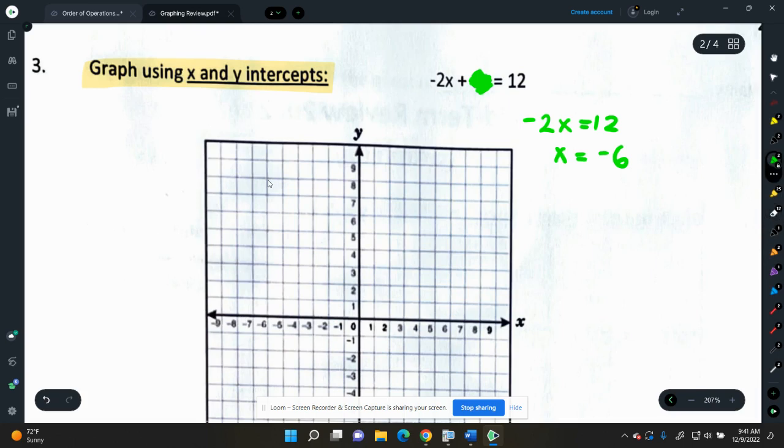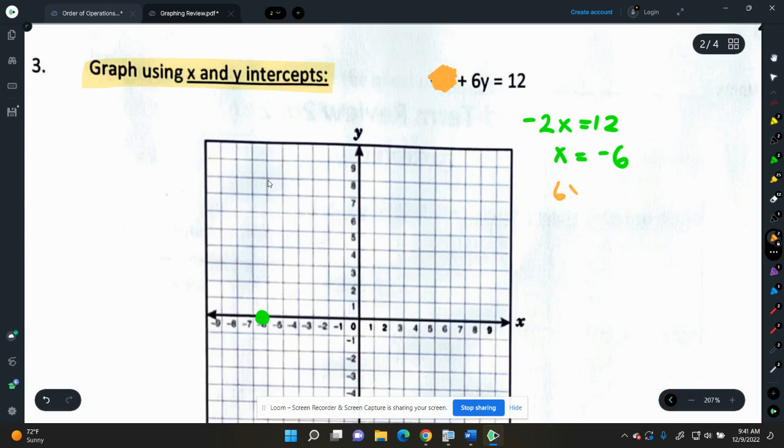Okay, D'Angelo, what do I do next? I want the y-intercept. Angel, how do I find the y-intercept? You have to put 6y equals 12. Yeah, cover over the x.